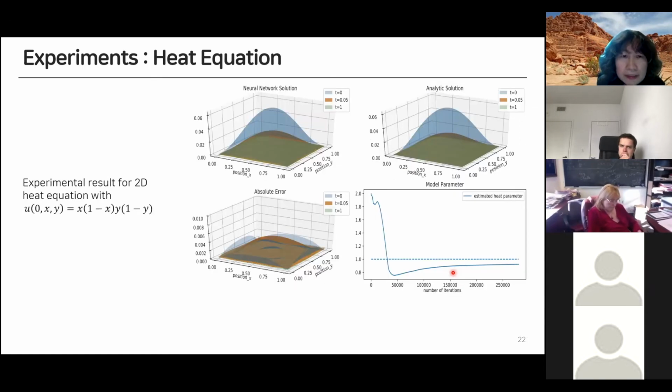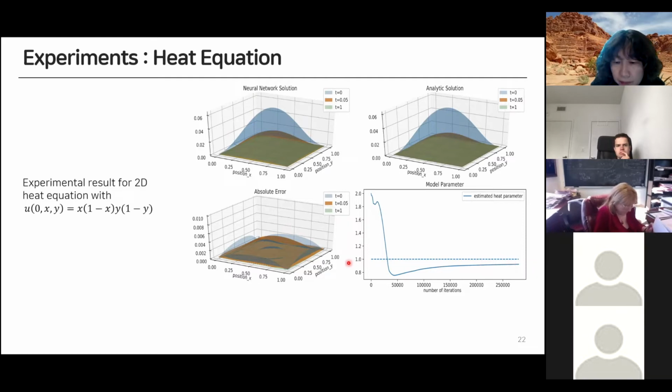Good. And this is the result for the 2D heat equation. This is the neural net approximation solution, and this is the analytic solution, and you can see they look alike. Here is the absolute error, and this is the inverse problem, how the neural net estimates the given heat parameter.